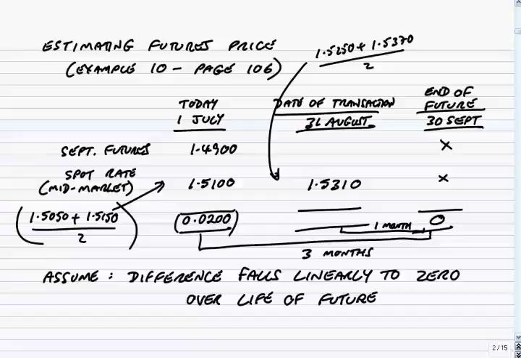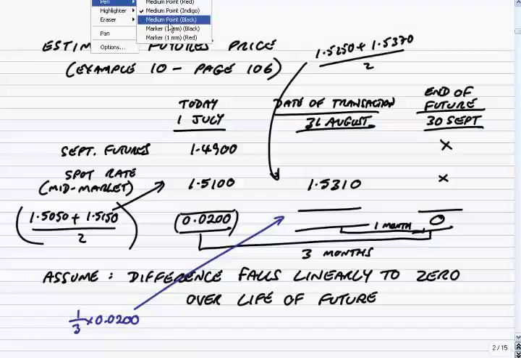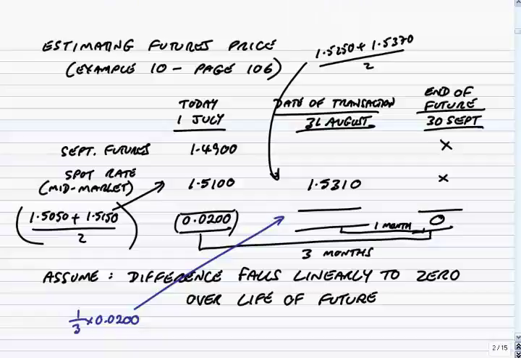And so if the difference is falling linearly, surely the 0.02 will have dropped by 2/3. There'll simply be 1/3 remaining. So with 1 month left out of 3, the difference will be 1/3 of 0.02, which is 0.0067.